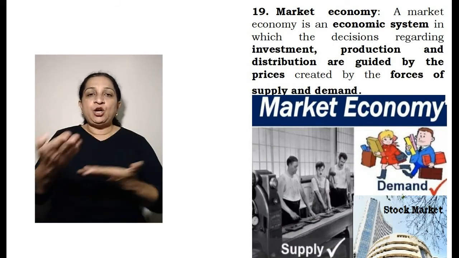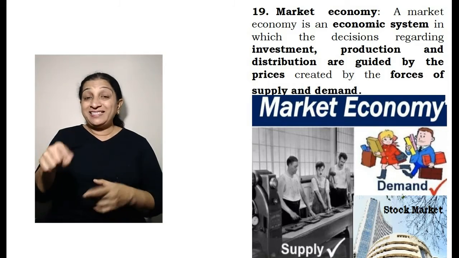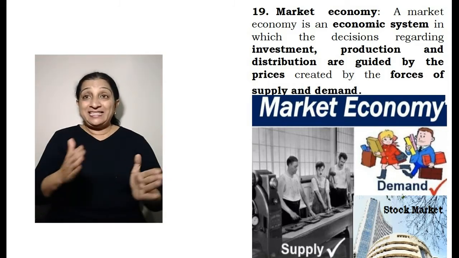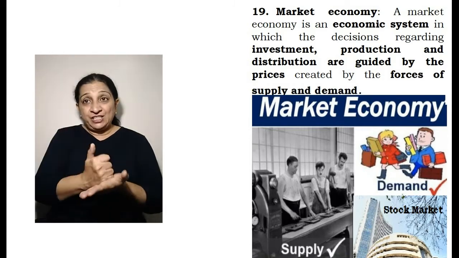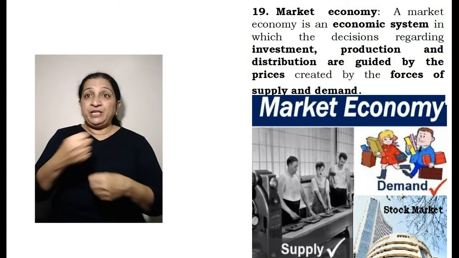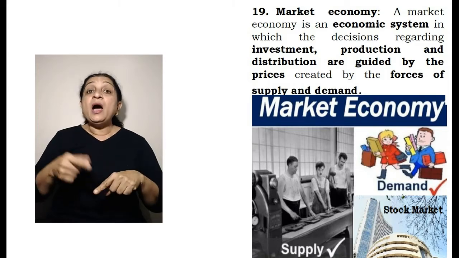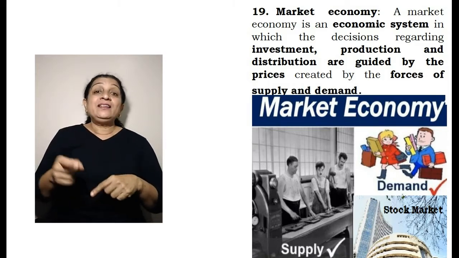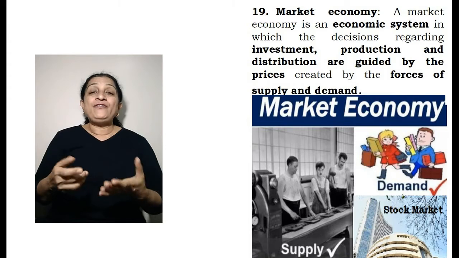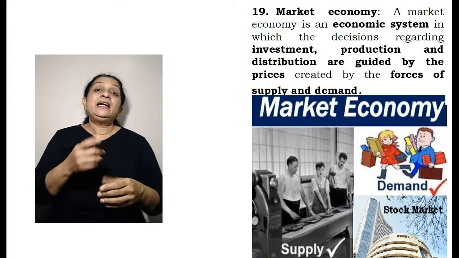Market economy. In this economic system, decisions for investment, production, and distribution all depend on the price and the forces of supply and demand.